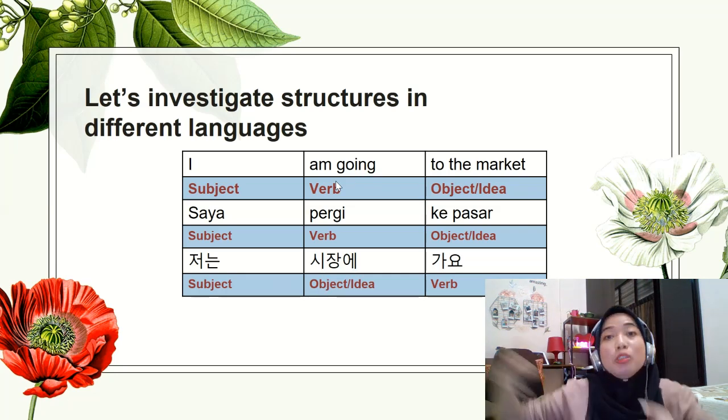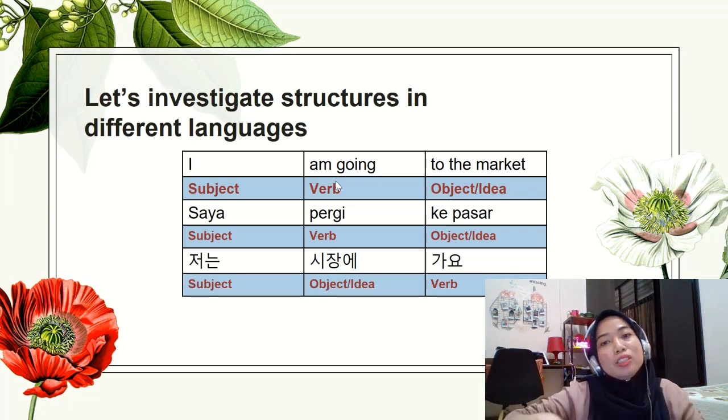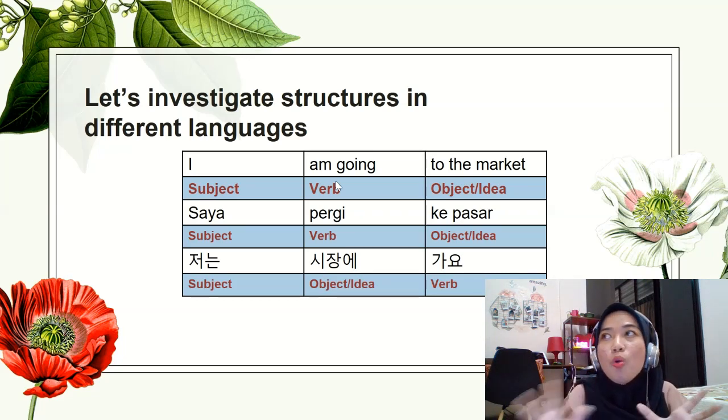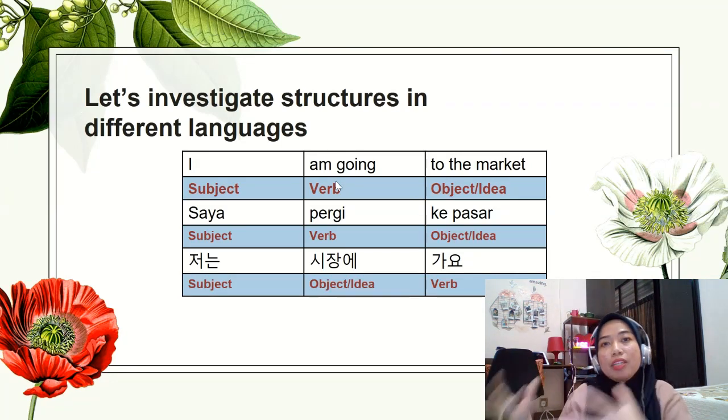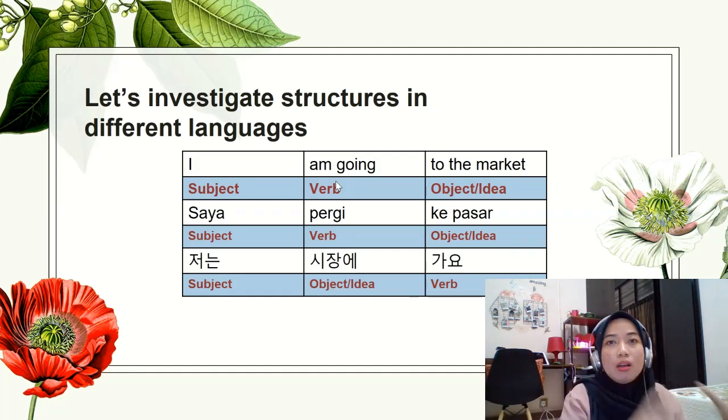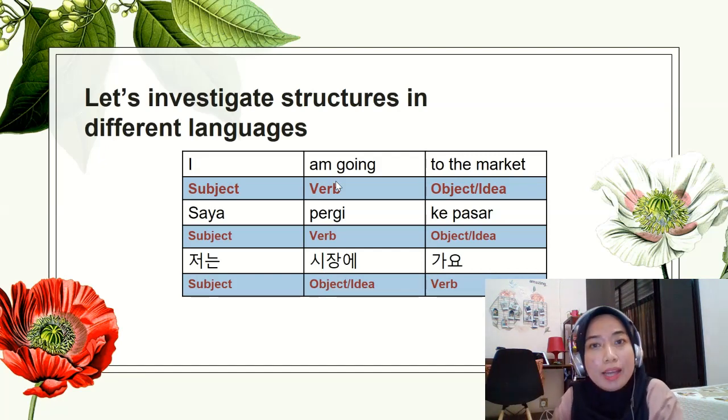Right now, I'm going to the market. When it comes to the English language, the verb always has so much detail. There are different tenses, different times. We have past tense, future tense, present tense, and not only tenses, we even have continuous and past participle, all those complicated things, which is why English is a little bit harder compared to Malay.